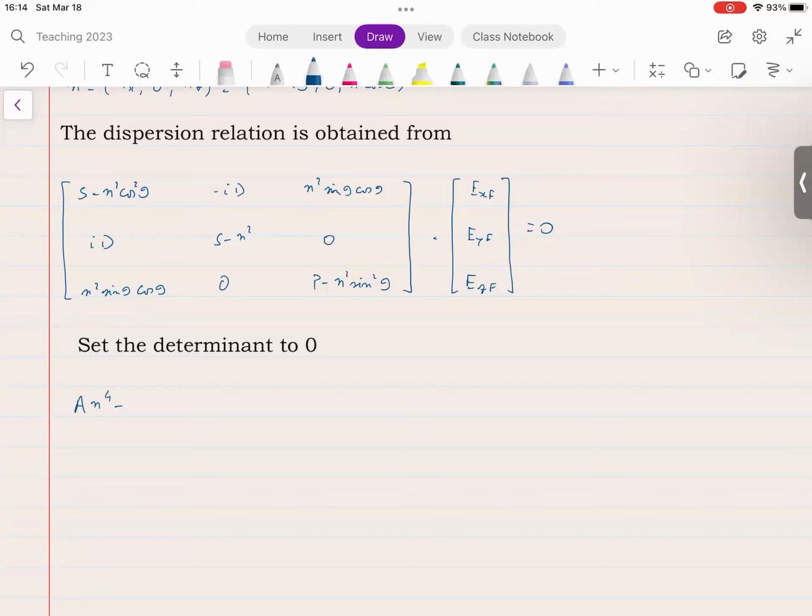And it looks like A times n to the fourth minus B times n squared plus PRL equal to 0, where everything has been defined earlier.